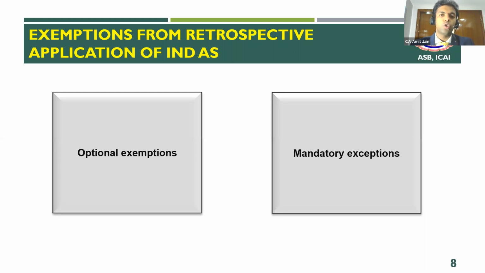So these exemptions help the company avoid the retrospective application and apply prospective measurement. That means if I entered into a transaction in 2010, and my transition date is 1st April 2018, then I need to go back to 2010, account for the transaction as per the respective standard, and bring the carrying value to the transition date and record it. This is called retrospective application, right?